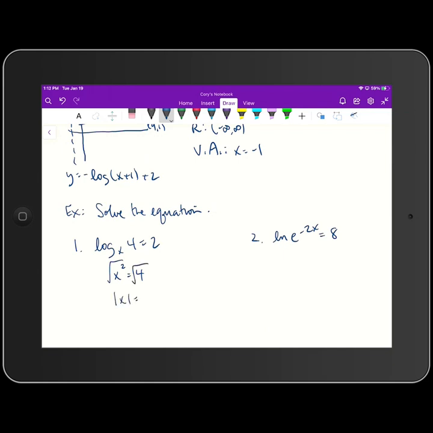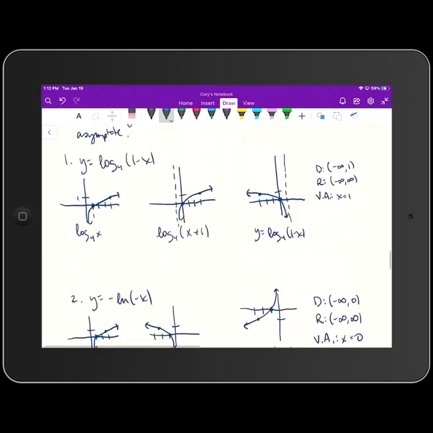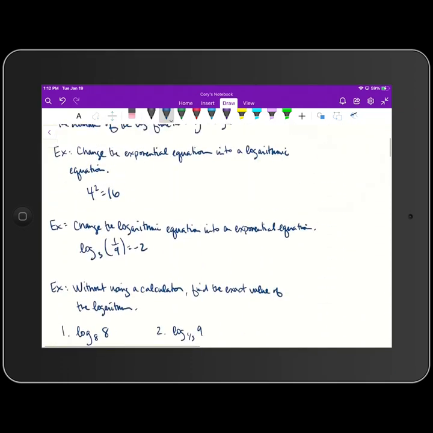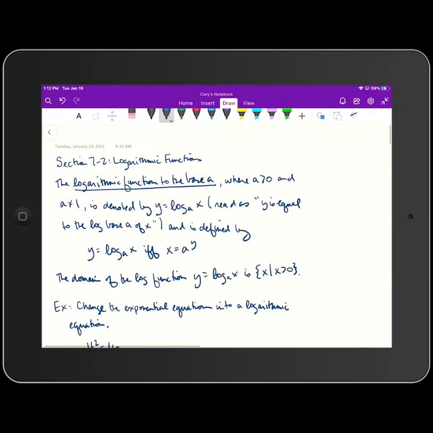That gives us the absolute value of x is 2, which makes x equal to plus or minus 2. If you got that as your answer, it's incorrect. And the reason why you might not recognize, but if we go back to the very start of this lesson, it says the logarithmic function to the base a where a is greater than 0 and a cannot be equal to 1.